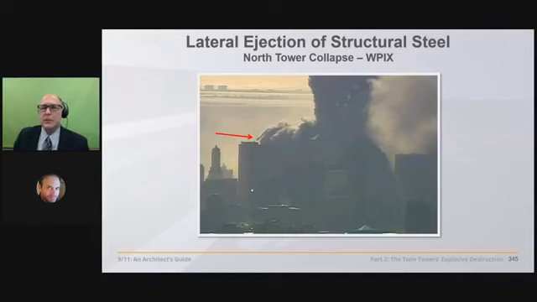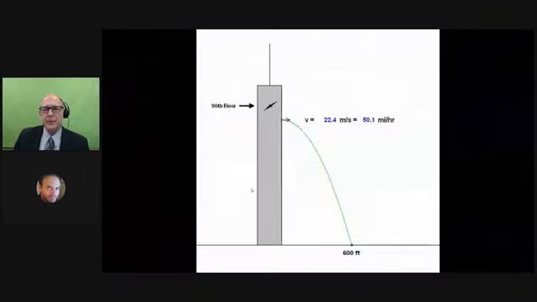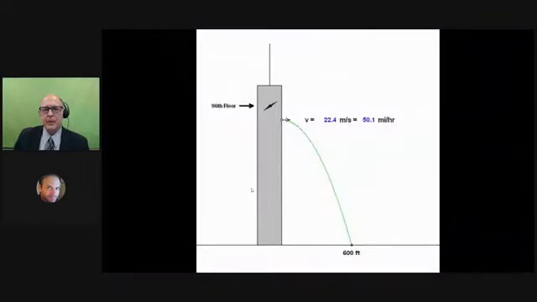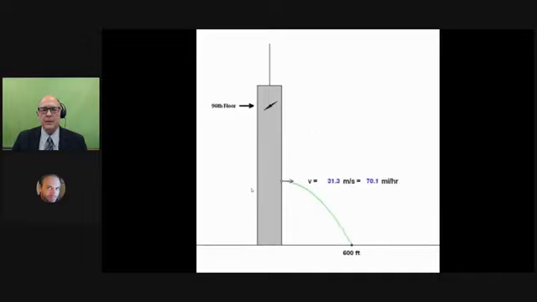Let's go back to physics teacher David Chandler. Girders weighing several tons were found 600 feet from the base of the North Tower. How fast they were ejected depends on where they originated. If they came from high in the building, they were thrown outward at about 50 miles per hour. If they came from lower down, the speed had to be even greater.